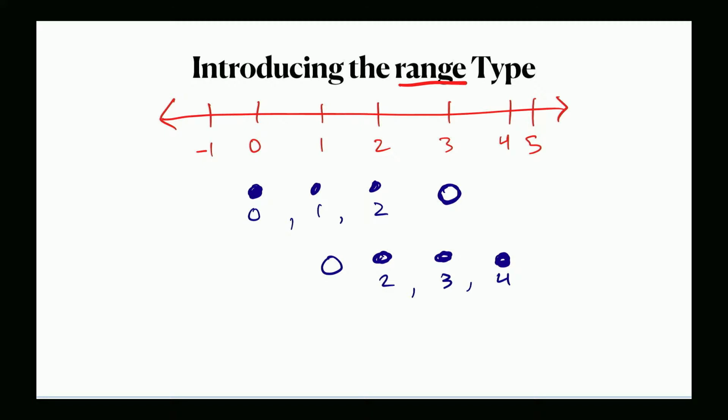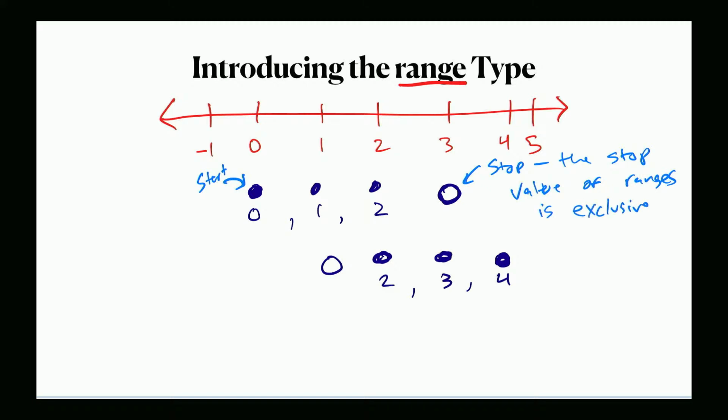If we think about how we specify a range, what are the key pieces of information? Let's say we have some start and some stop. And in Python, the stop of ranges is exclusive, not included in the range.